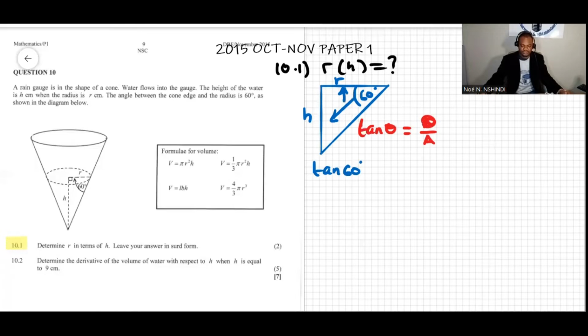So this will be tan 60 equal to opposite h over r.